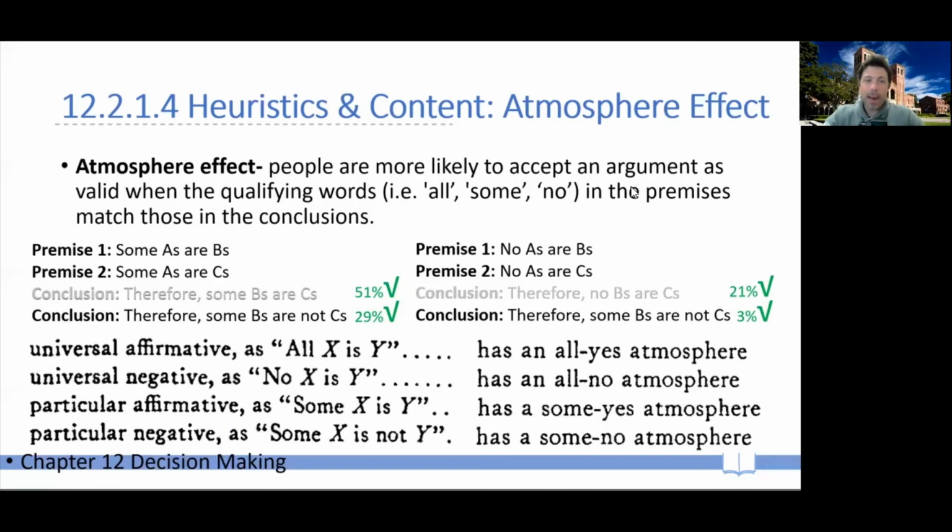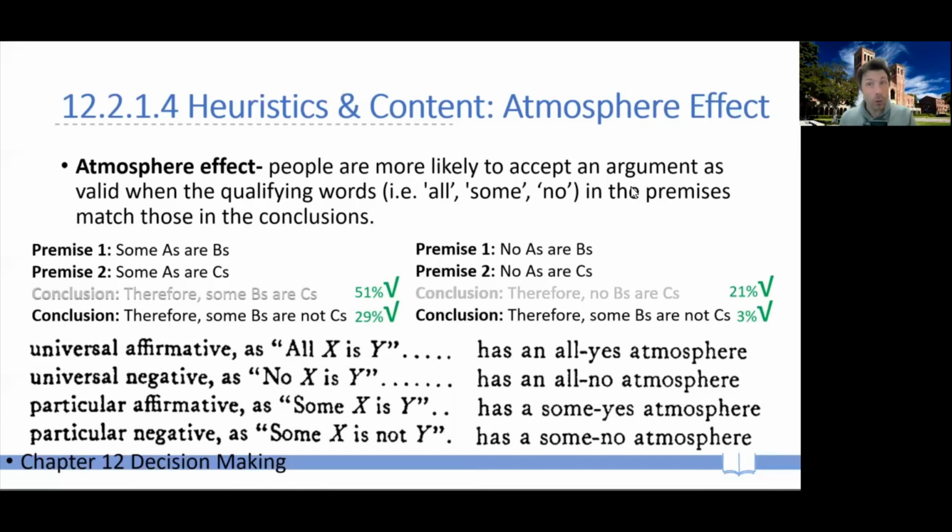Similarly, if you get a particular affirmative or a particular negative, so statements of the type some X is Y or some X is not Y, they each give rise to a some yes or a some no atmosphere. Now, on top of this, the premises don't need to be of the same kind. It turns out that if your premises are mixed, if at least one of them is a particular, meaning if at least one of them says some, people seem to prefer conclusions that also have some in them.